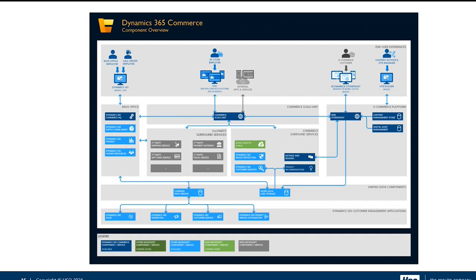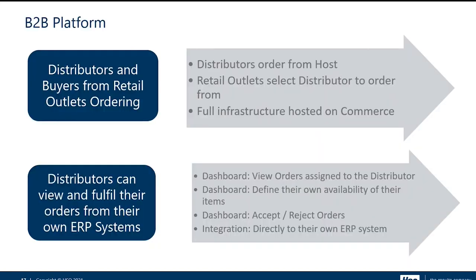What has been added now is an enhancement to the B2B platform. So there's already B2B capabilities where you can stand up a B2B website, a fully transactional website with all the B2B features you'd want. But there's now also, it's common for consumer packaged goods companies and big manufacturers to sell to retail outlets by using distributors.